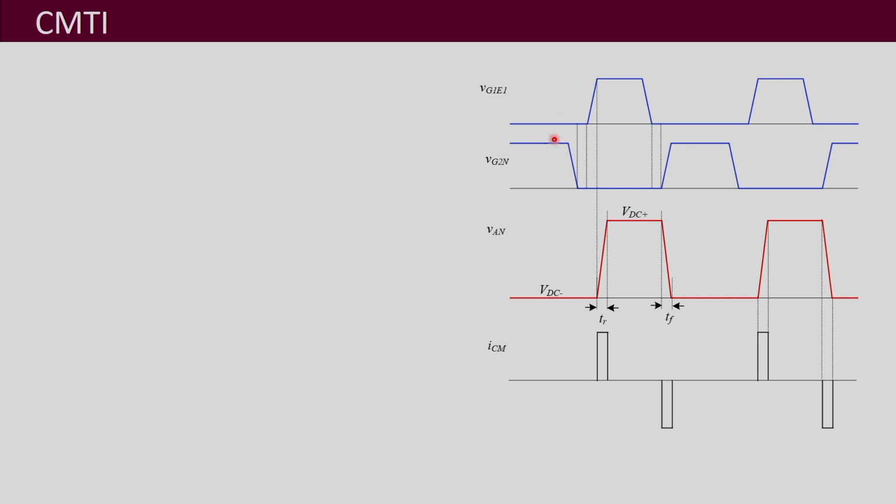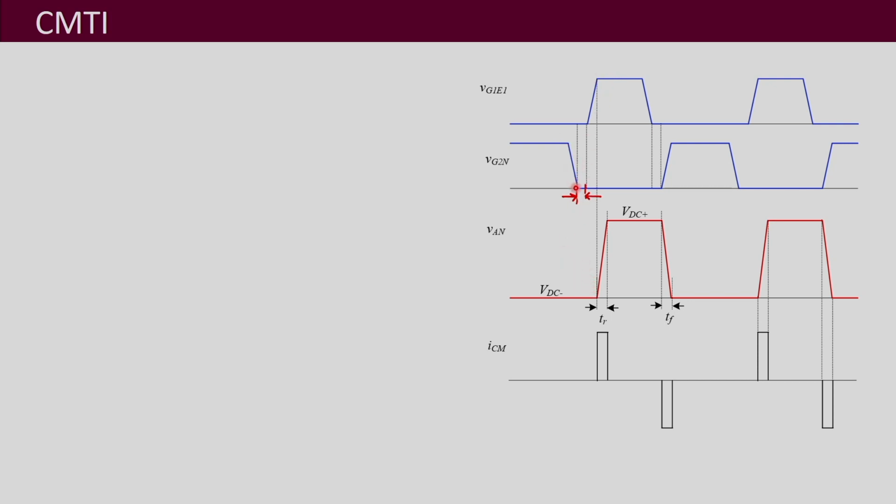Now there will be some time between this lower transistor turning off and the upper transistor turning on. So over here we also have the dead time. This is our dead time, and then it takes some time for it to come down, and it takes some time for it to reach that upper level.